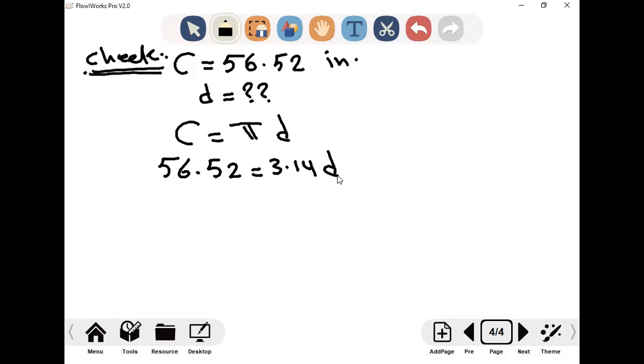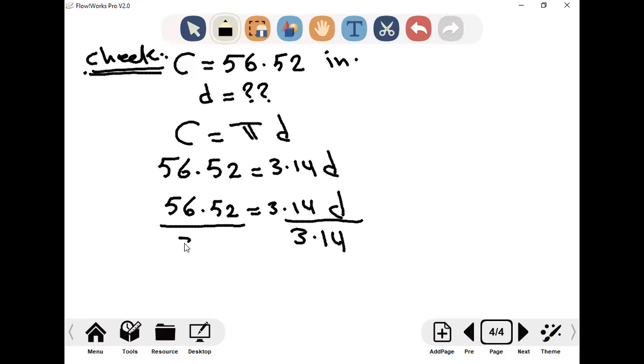I'll rewrite it: 56.52 equals 3.14D. I will divide both sides by the coefficient. D equals, now make a normal division, 56.52 divided by 3.14, and rounded it will be approximately 18 inches.